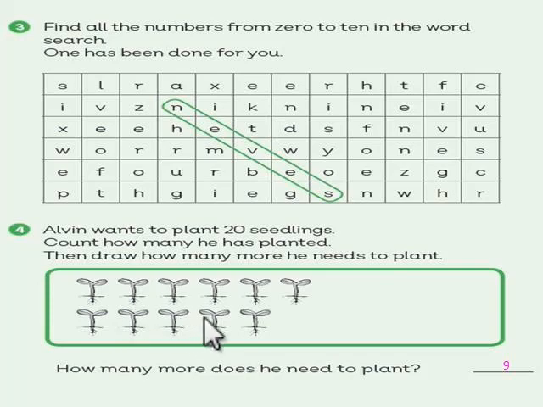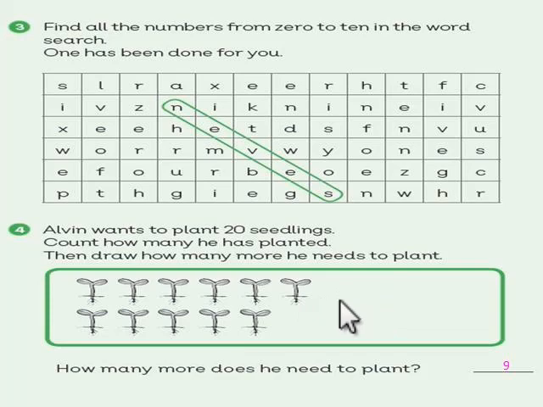So how many more does he need to plant? 9. So you will draw 9 seedlings like this. You will draw seedling number 1, number 2, number 3, number 4, 5, 6, 7, 8, 9. Okay, after you draw, you can color the seedlings.